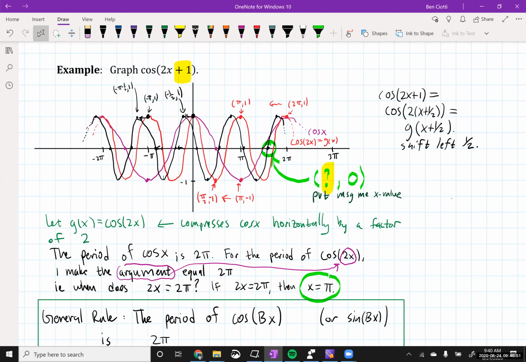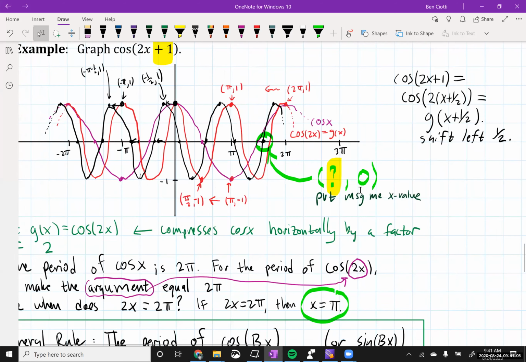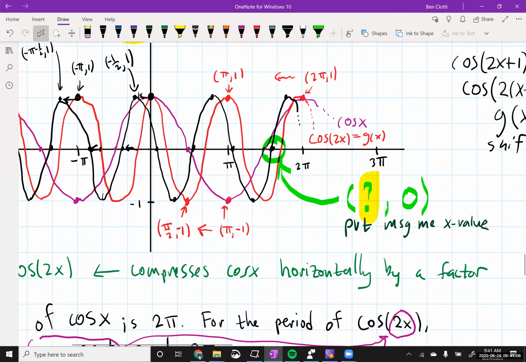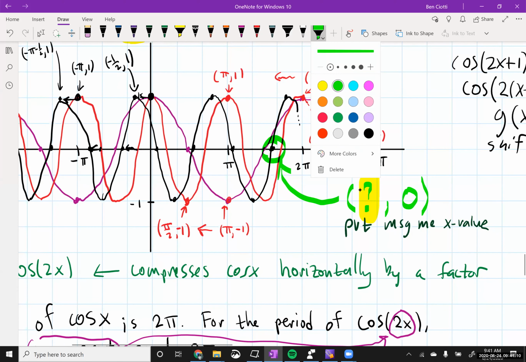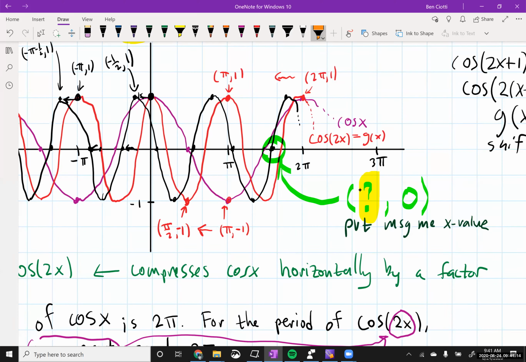Yeah, a lot of people are getting this one wrong. I don't know if I've seen a right answer yet. It will help to keep track of what point it was before it got shifted by a half, and that point was right there, on the red graph.